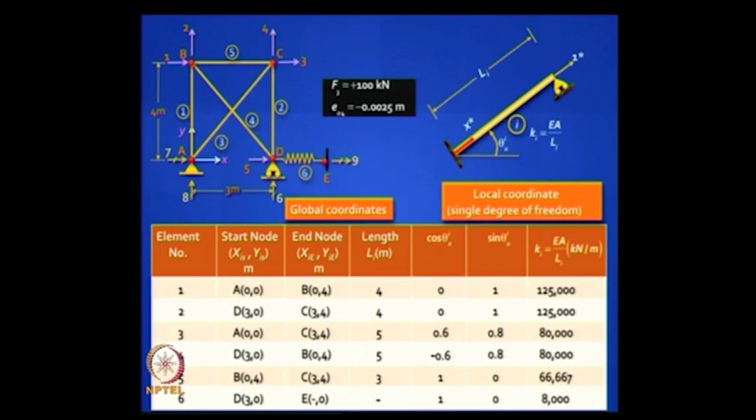So, let us say we have done this exercise, okay, and the stiffness also is given EA by L. So, I am giving you this table because that is easy to do. With the help of this table, now generate the TD matrix. Okay, you can pick up cos theta sin theta from here. Will you do that?